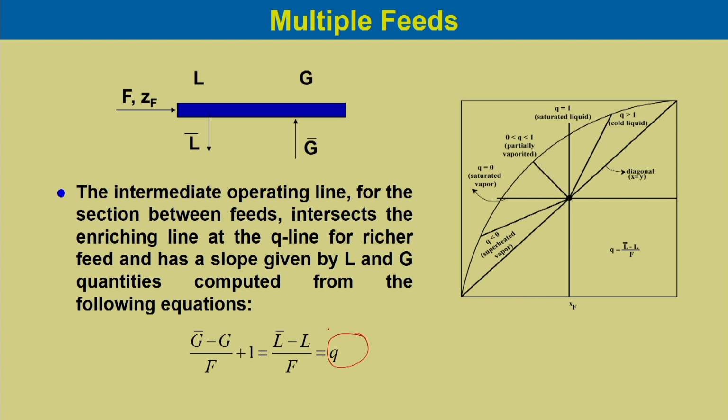Depending on the feed condition, we can calculate the values of Q and the slope of the Q line, and we can plot the feed line.